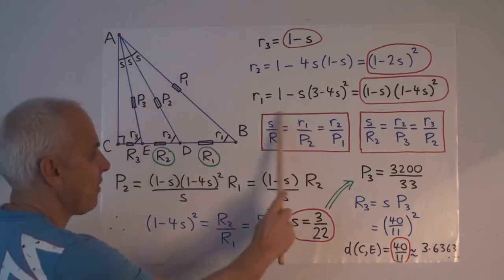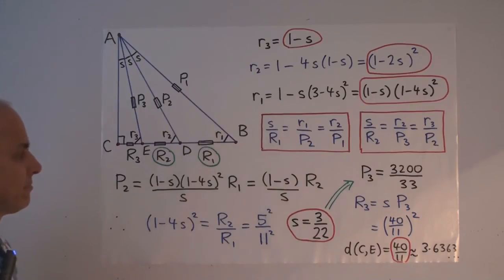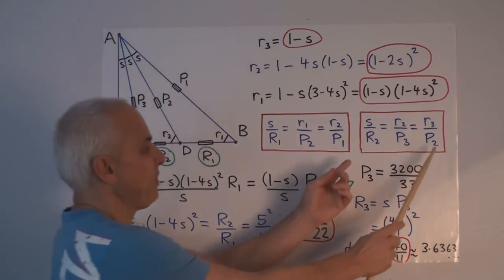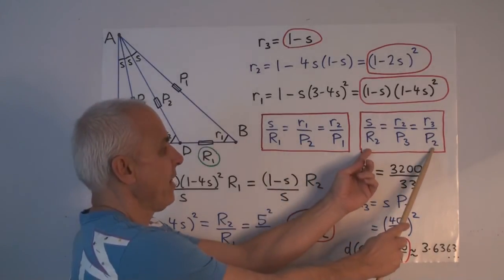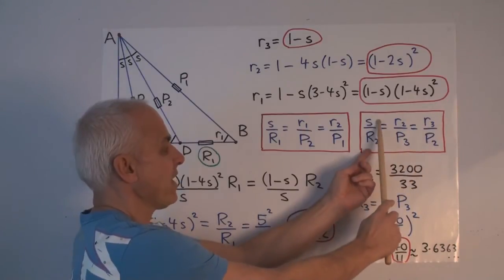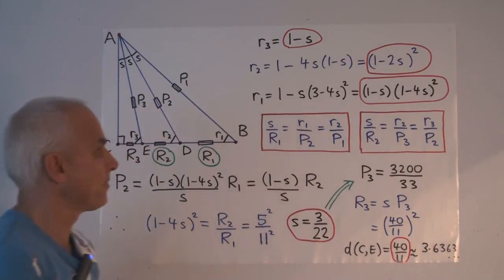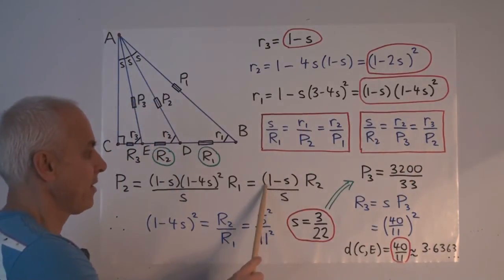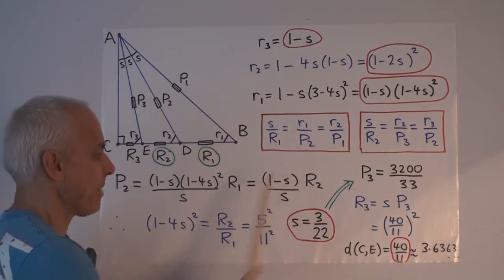That's obtained by solving this for P2. And if we solve P2 from this equation, then it's going to be little r3 divided by S times capital R2.